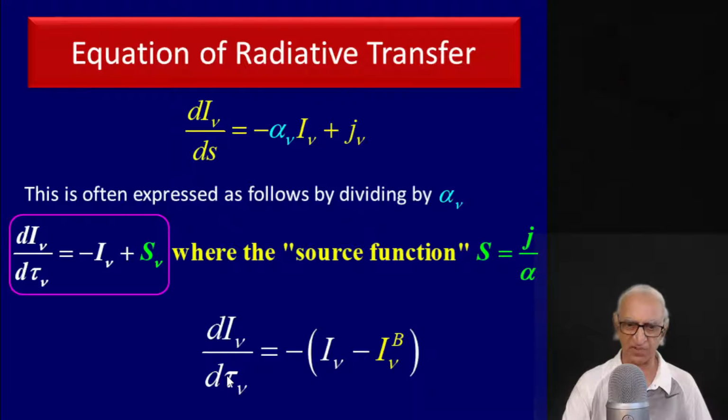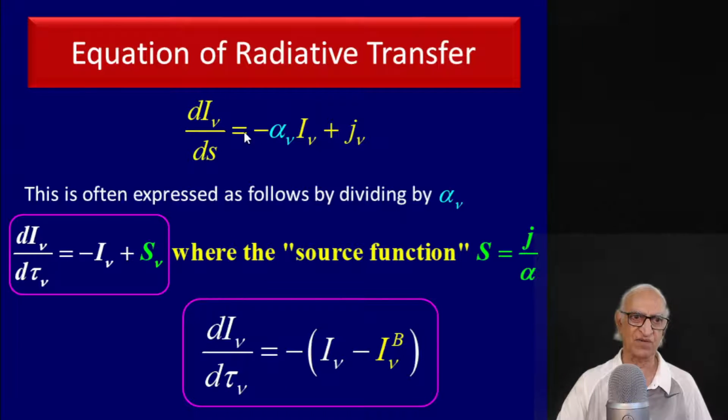Therefore, the equation of radiative transfer, this is where we started, by dividing by alpha and writing it in terms of optical depth, is dI nu by d tau nu equals minus of I nu minus I nu b, where I nu b is the ratio of the emission coefficient to the absorption coefficient of the medium. So this is the contribution of the medium to the specific intensity.